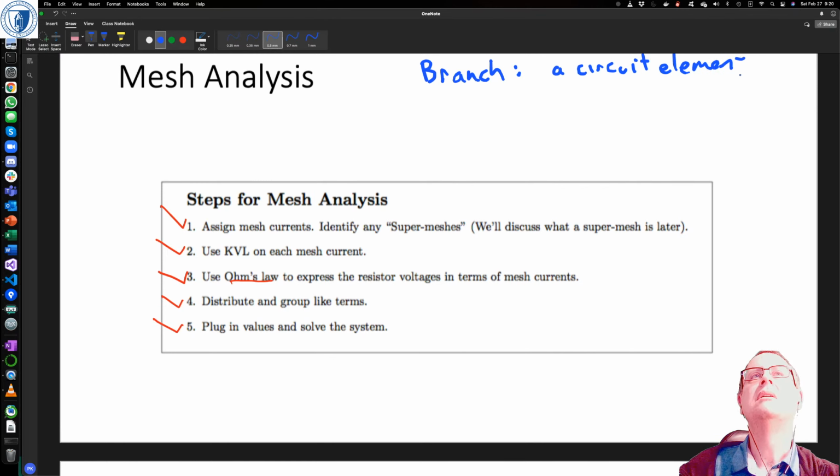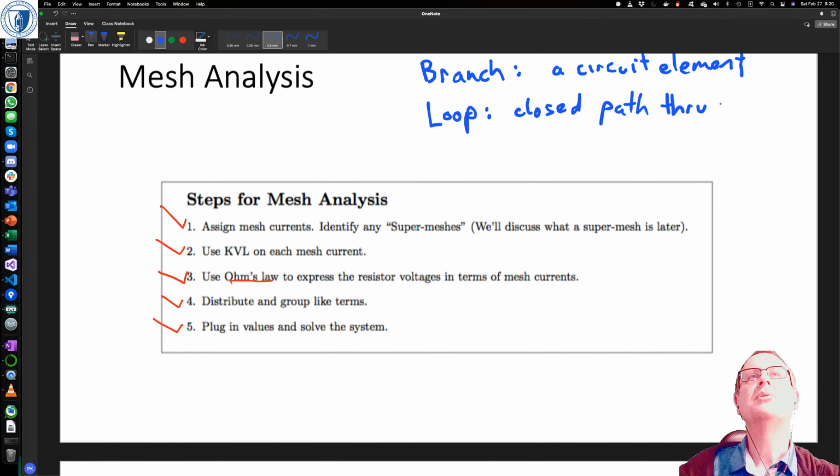Okay, and then the loop was a closed path through the circuit that doesn't cut itself.